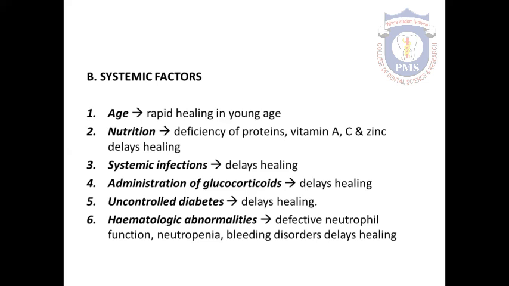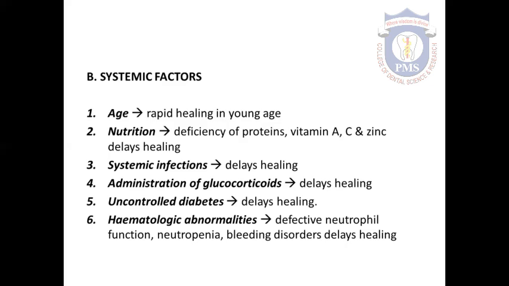Systemic factors which affect wound healing include age. Rapid healing of wounds can occur in younger age, while wound healing will be delayed in the aged. Nutrition. The deficiency of proteins, vitamins A, C, and zinc can delay wound healing. Likewise, systemic infections can delay wound healing.